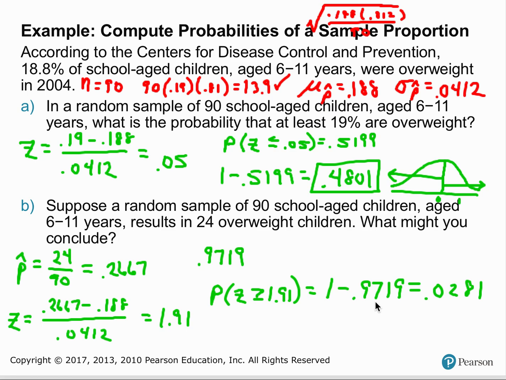So that should happen about 3% of the time, right? That means out of 100 kids, you should only expect to see 3 of them overweight. So in this sample of 90, you had 24 overweight, that's very unusual to say the least. So what might you conclude? You might conclude that that's not really the correct mean, right? That the mean of overweight children is higher than that.